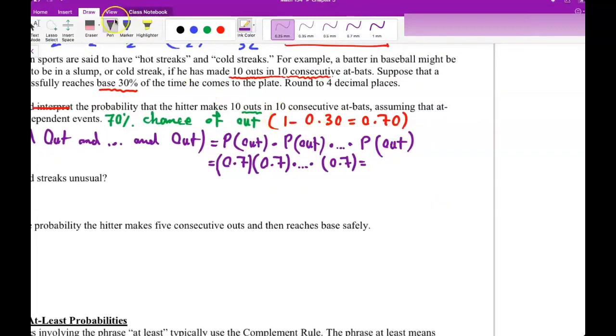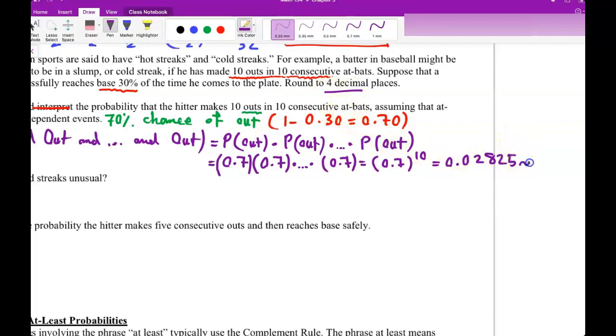Or I can write 70% to the power 10, because we have 10 outs. So that is equal to 0.02825, and it's asking to round to 4 decimal places.